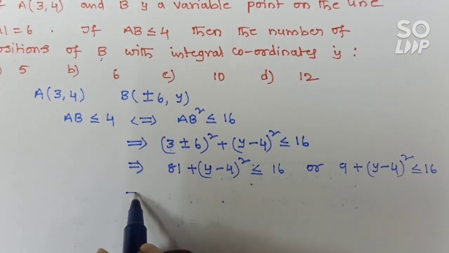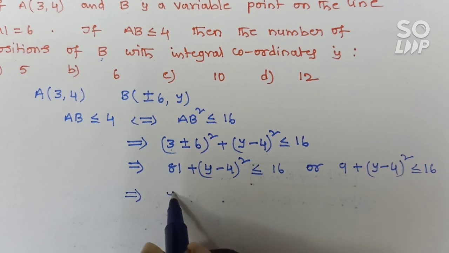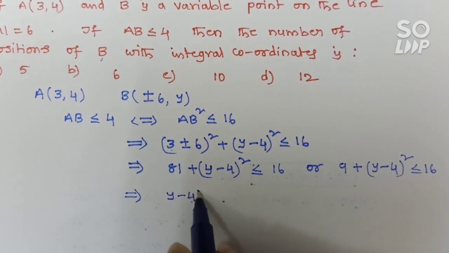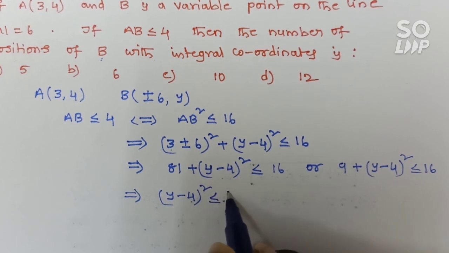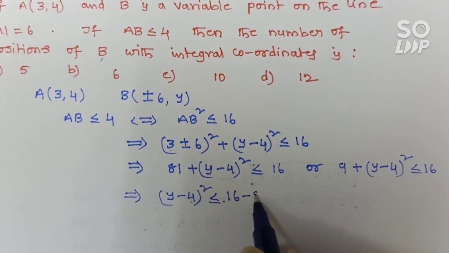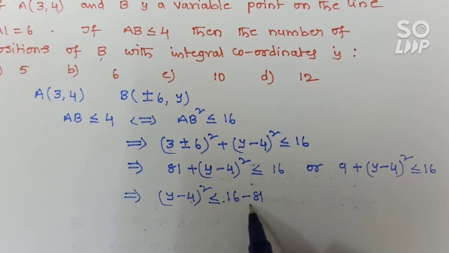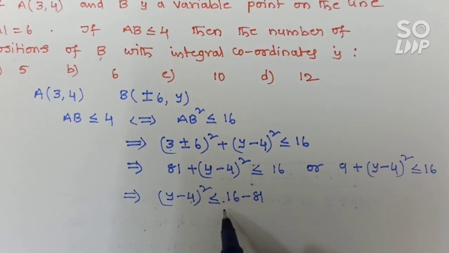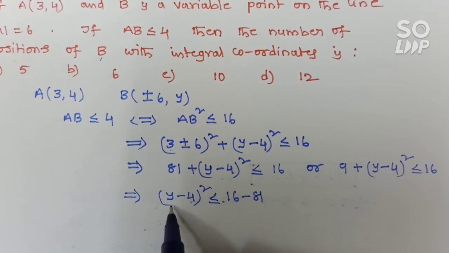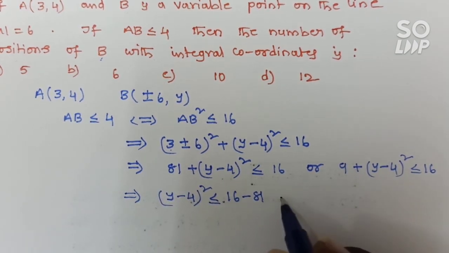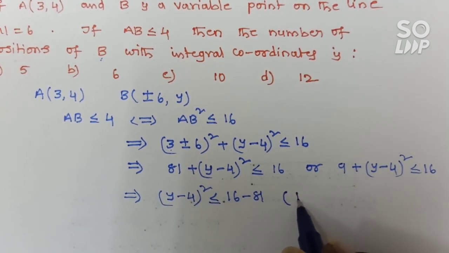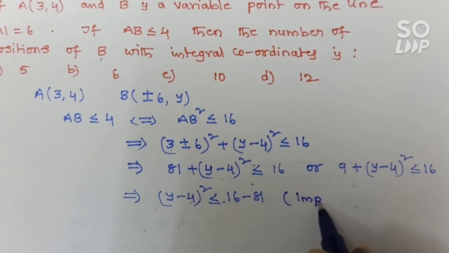Now here this one will be (y minus 4) whole square less than or equal to 16 minus 81. So 16 minus 81 is a negative value. The left hand side value is always positive, so this one is impossible.